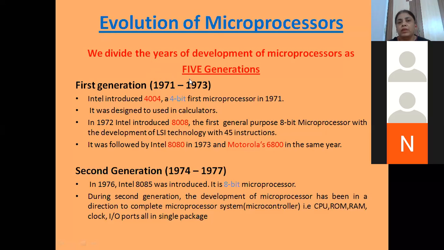We have divided all microprocessors into 5 generations. This question looks simple, but if you see in your TPS where board papers are given, this question is there almost every year or alternate year. So this is a very important question. You have to learn this question.